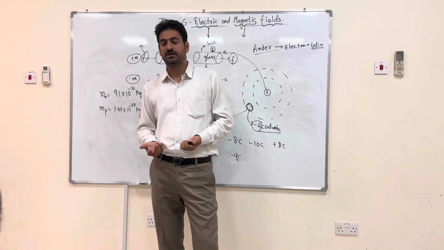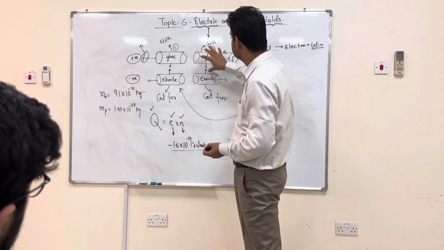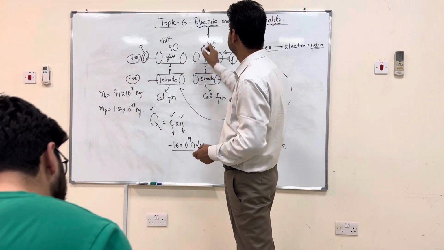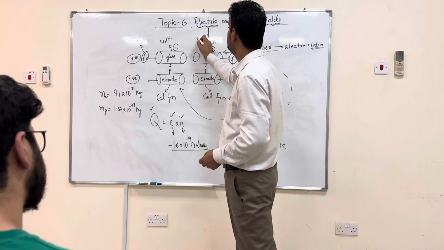So when we have some charge on this, let's say that the charge on this glass rod is Q2.